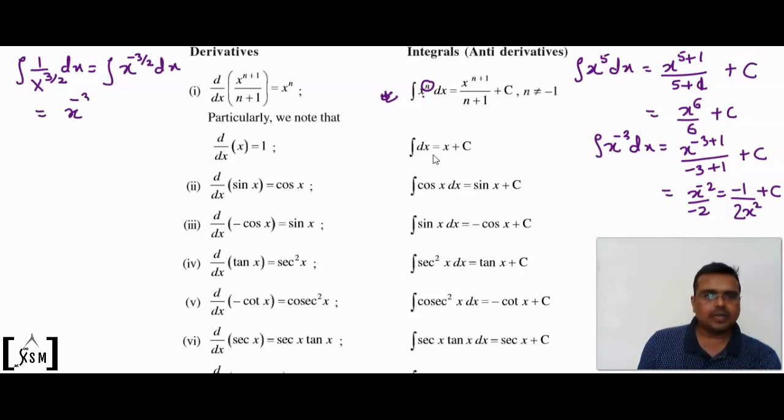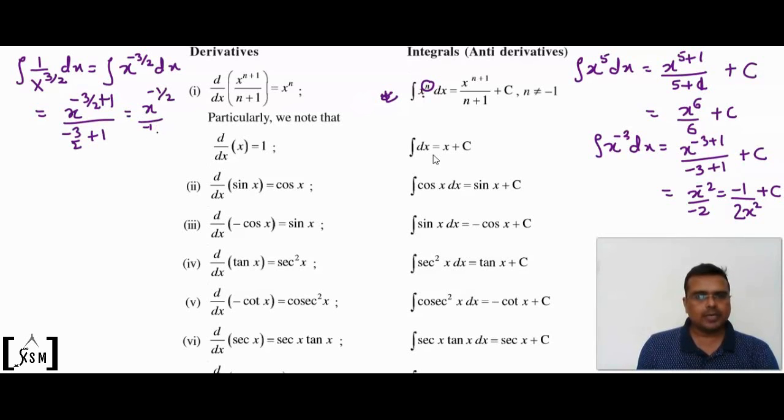So x to the power negative 3 over 2 all over negative 3 over 2 plus 1, which is x to the power minus half over minus half. x to the power minus half means you will bring it down, and this minus half will come front and it will become 2, right?